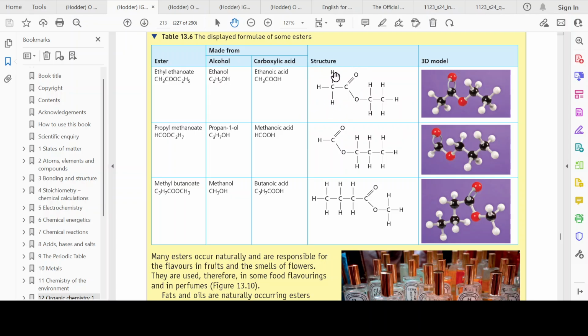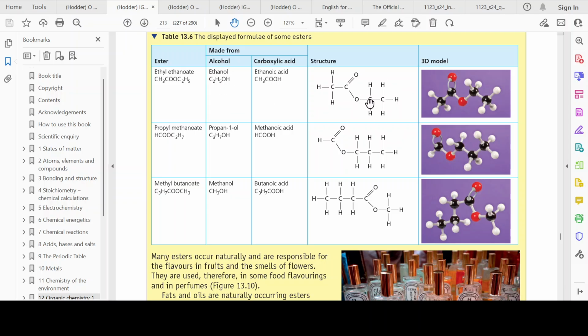You've got the first carbon with 3 hydrogens and the second carbon with the double bond O. As far as we're concerned, you don't touch the double bond O. Then the other oxygen which had the hydrogen with it, which is lost. So that's the acid part, and that's where the alcohol is joining in.